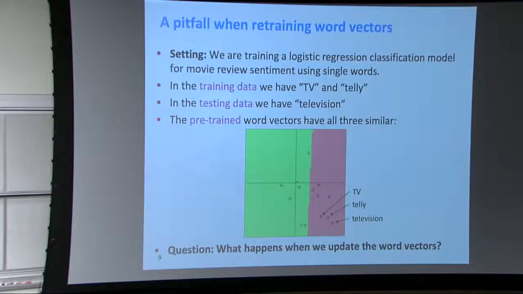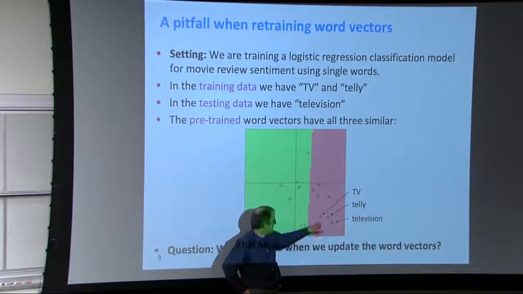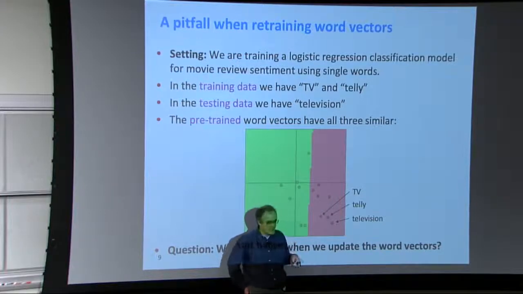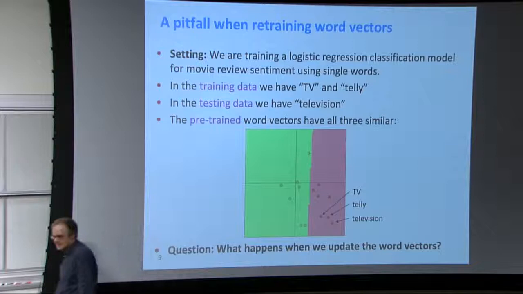Well, suppose that we're training a classifier. It could be the one I just did, or a softmax or logistic regression, and we're wanting to classify movie review sentiment for positive or negative. Well, if we have trained our word vectors, we've got some word vector space, and maybe in the word vector space, TV, telly, and television are all very close together because they mean basically the same thing.